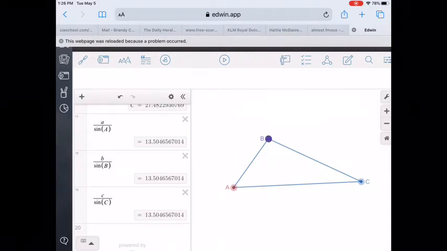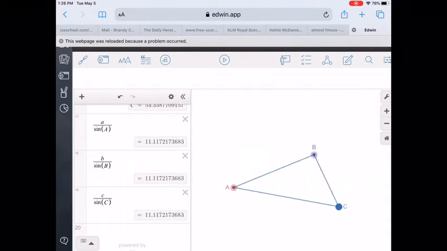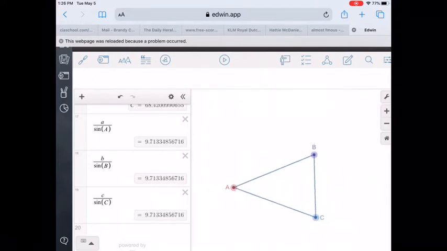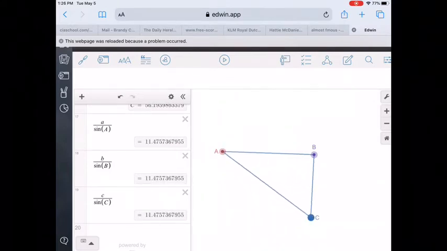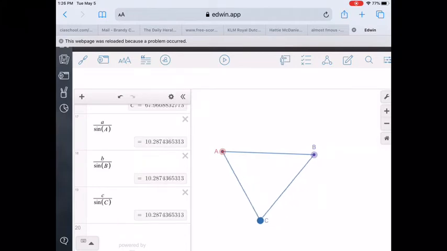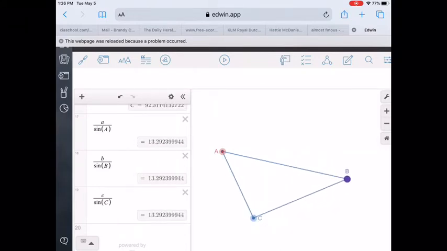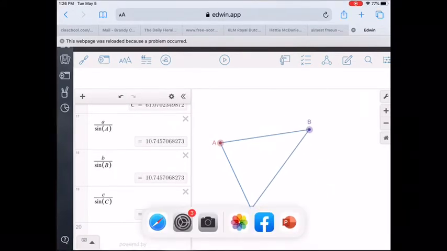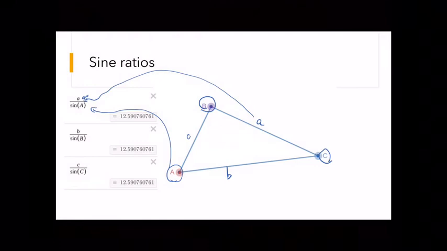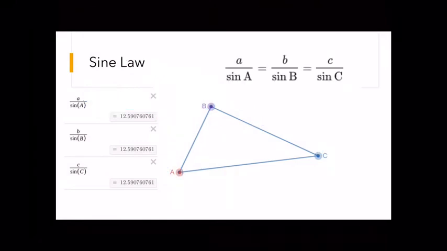But if we change the triangle in any way, those three numbers are always going to be the same. So they are always equal. If you take a side divided by the sine of its opposite angle, it will always be the same, all three of them. So that is the law.